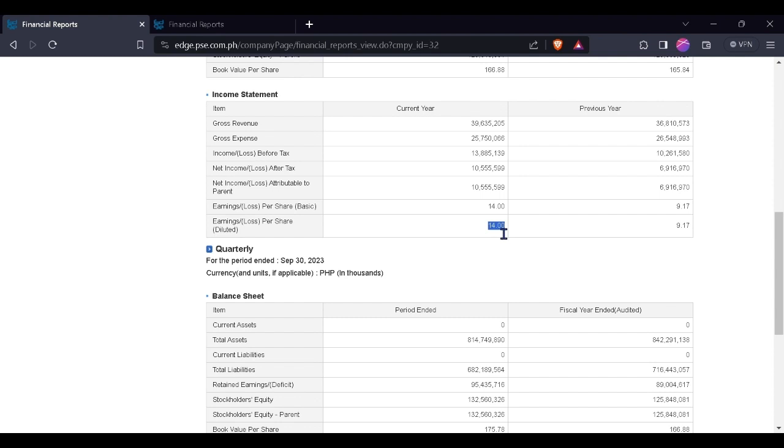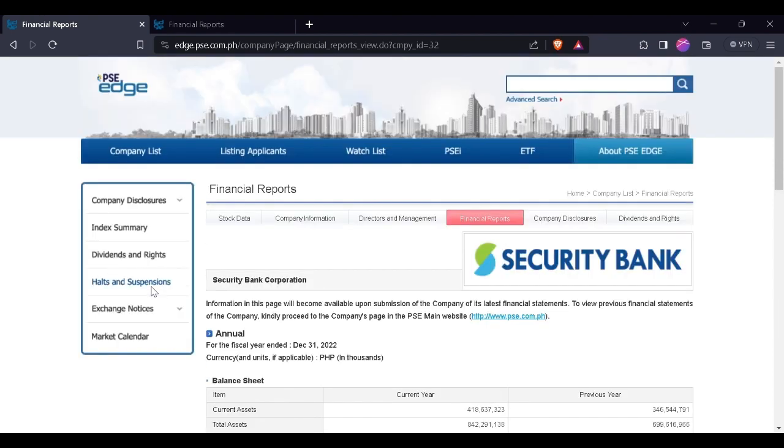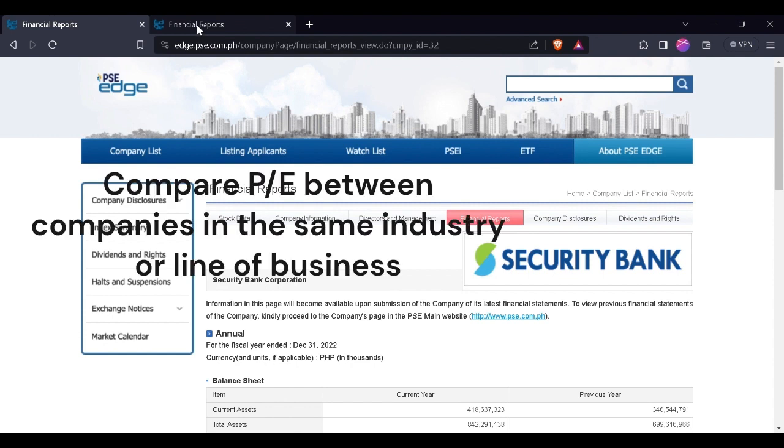Okay, so if you're going to decide which companies you're going to buy shares in using the PE ratio alone, do not compare the PE ratio of a company against another company that has a different line of business. For example, Security Bank, and then you try to check if its PE ratio is good against a company like Jollibee, which is in food services.